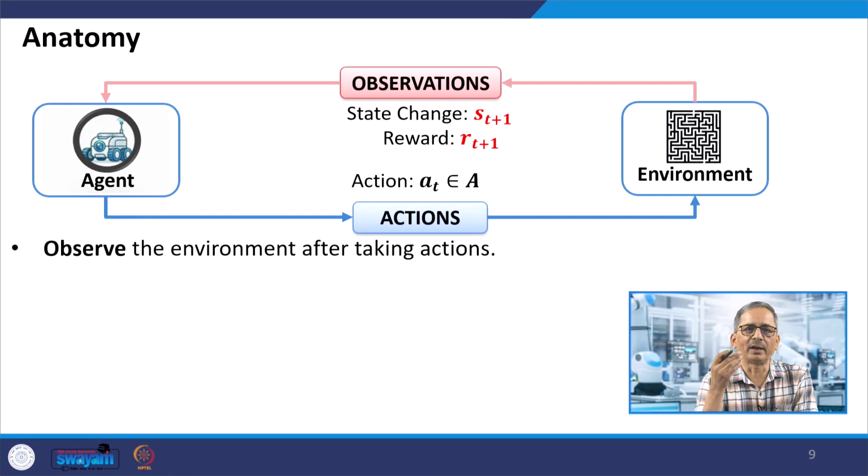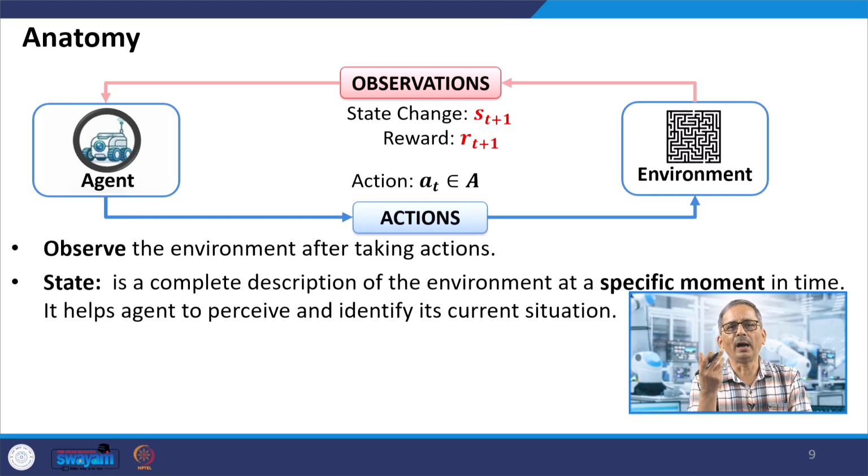The next term is the observation. We observe the environment after taking the action. How do we observe? We look at the state. The state gives you the complete description of the environment at a specific moment in time.